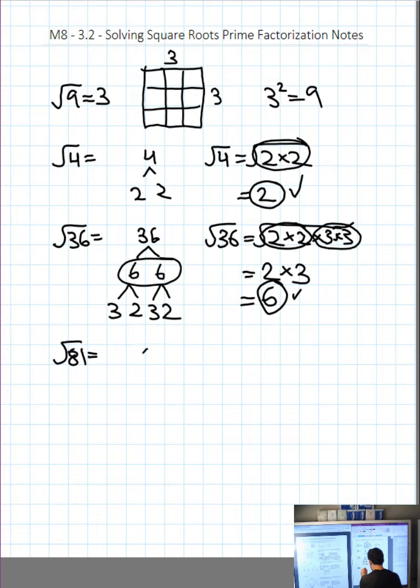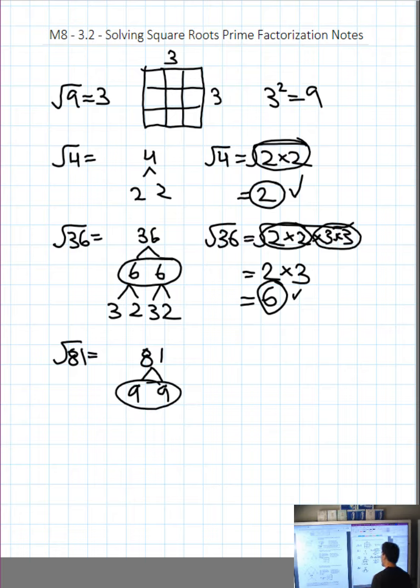So I can take 81 and do a prime factorization tree and I can get 9 and 9. Now, as you can see in the notes, I have continued to go with 81 and did all the same steps as 36. But either way, remember, all I'm looking for is two identical numbers that multiply together to get the number underneath the square root. 9 times 9 is 81.